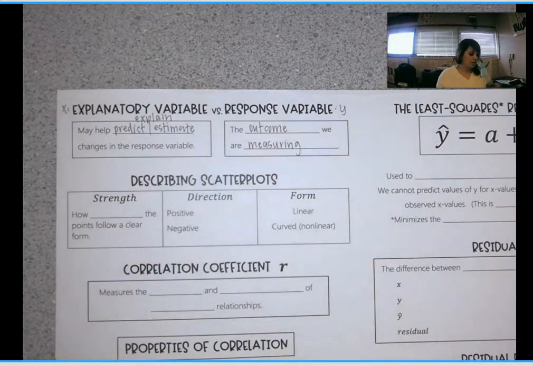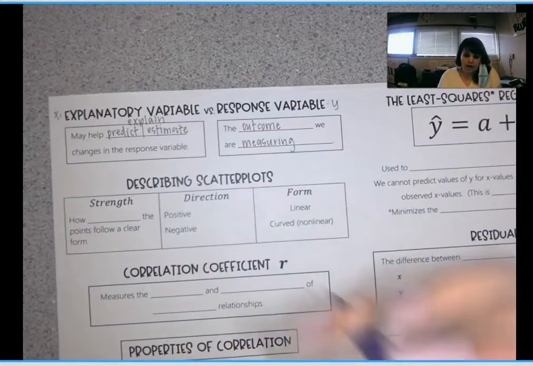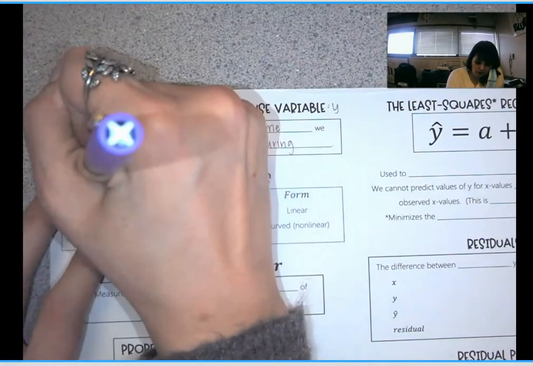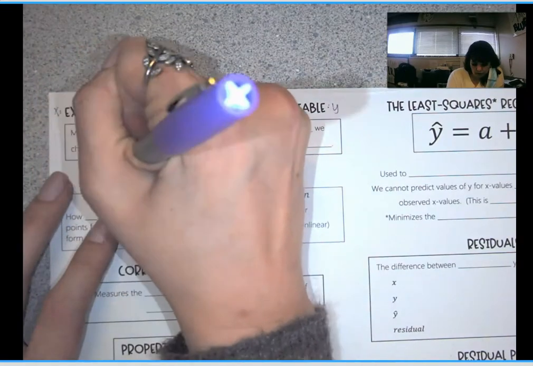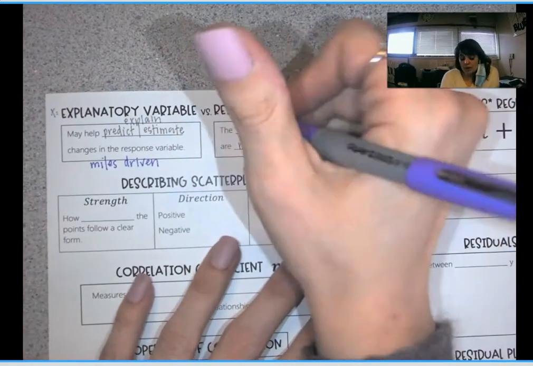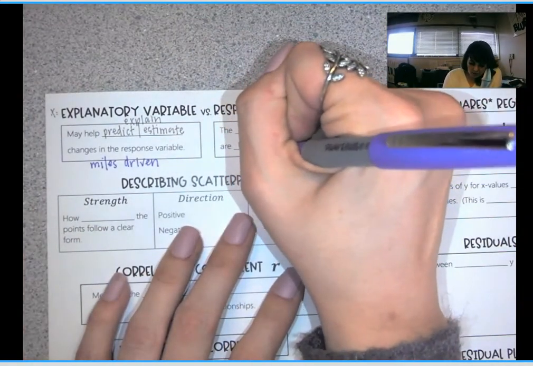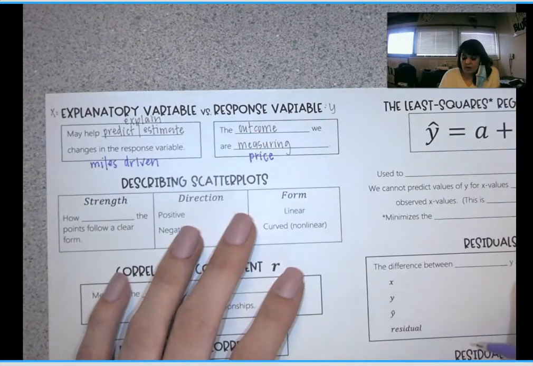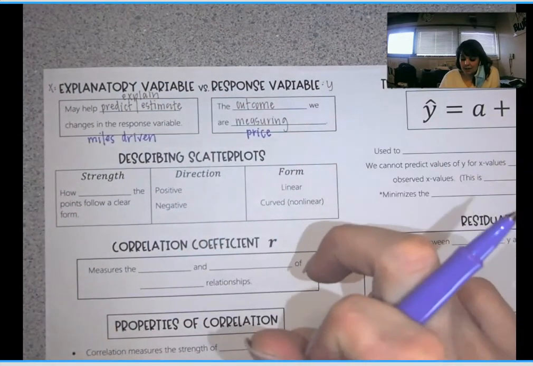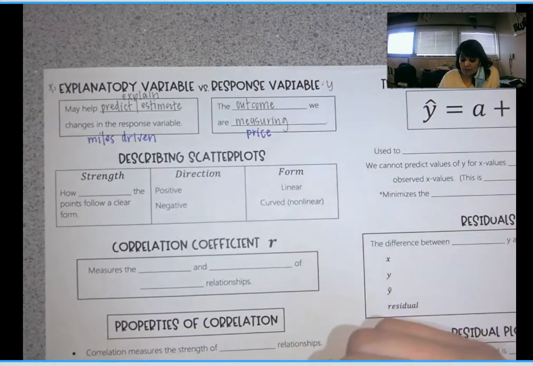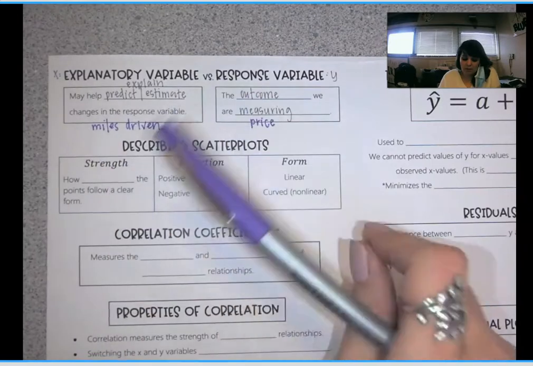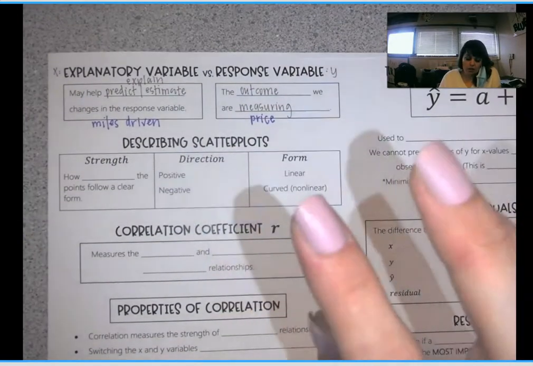So for me, I may want to add in as a reminder that an explanatory variable is something like miles driven, and a response variable is something like price. If you have an example that you like better or one that's more complicated that helps you think about more difficult ones, then add them in. Add in as many as you want, but I would put at least one in just to jog your memory.